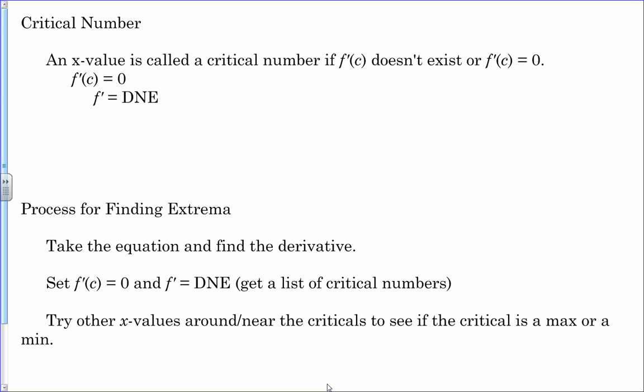Now, that max and minimum are called critical values. A critical number is an x value c where f prime of c doesn't exist or f prime of c equals 0. So f prime of c is 0 or f prime simply does not exist.